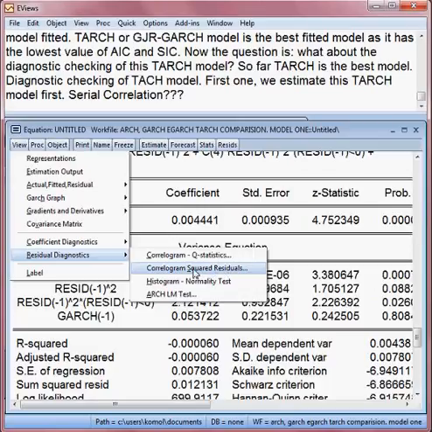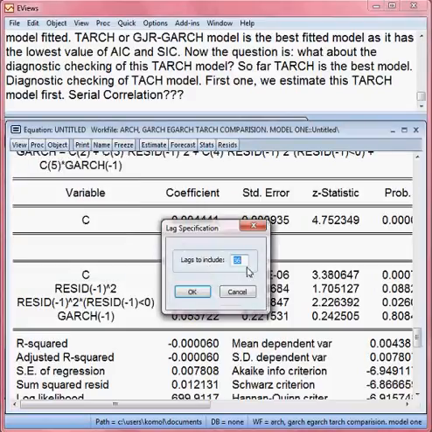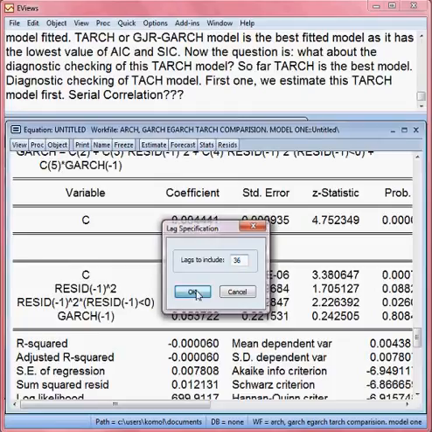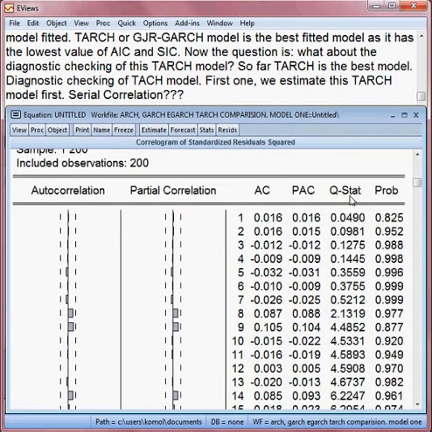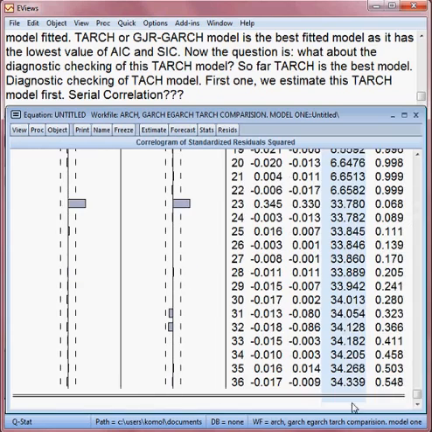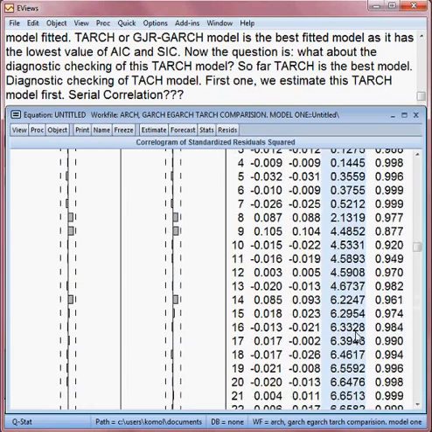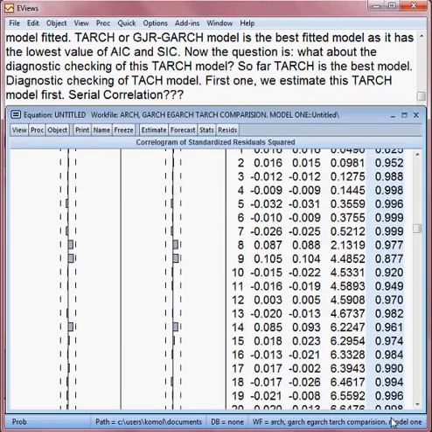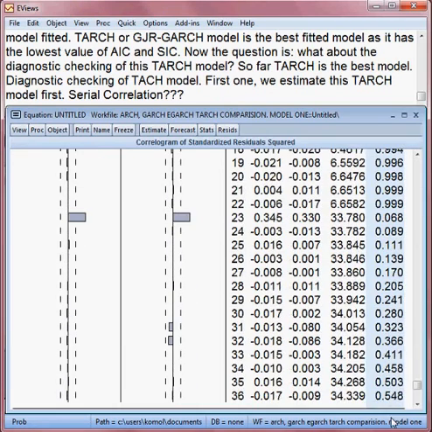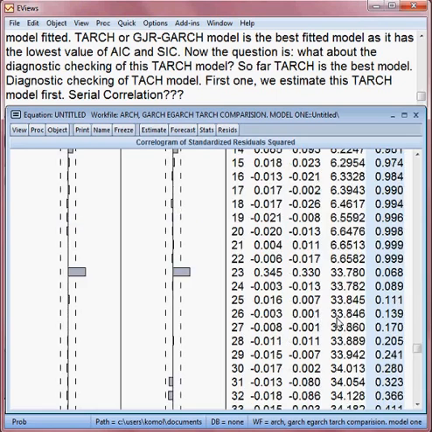Suppose here I choose 36 lags, then run it. Here is the Q statistics, and you can see the corresponding p-values of 36 lags.